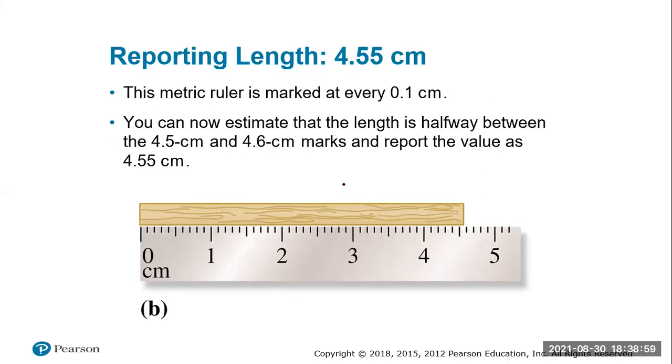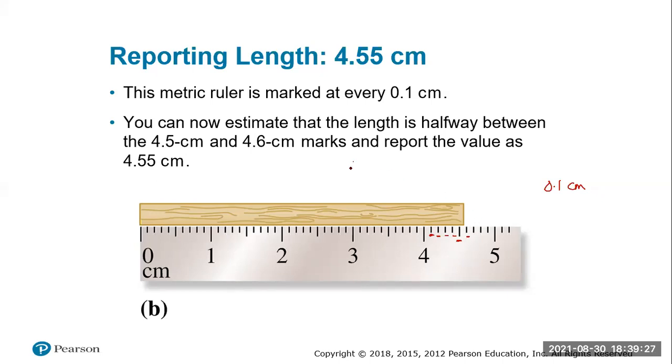Here is basically what we were just talking about. If we look, there are basically 10 markings, starting counting here, between say 4 and 5. Each one again represents 0.1 centimeters. And if we look at it, this guy here would be 4.1, 4.2, 4.3, 4.4, 4.5, and then 4.6, not really 4.6 there.